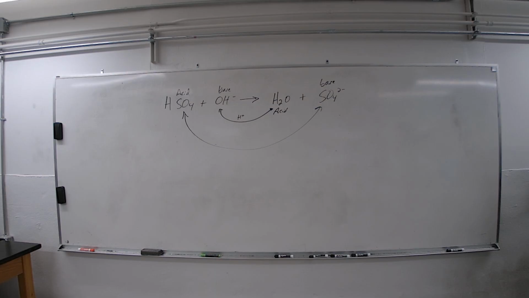NH2 negative compared to NH3. NH3 has the extra H on it, so that's the acid. NH2 minus is the base. So this one should read H2S is the acid, its conjugate base is HS minus, so it's A or D. And base on the left side.